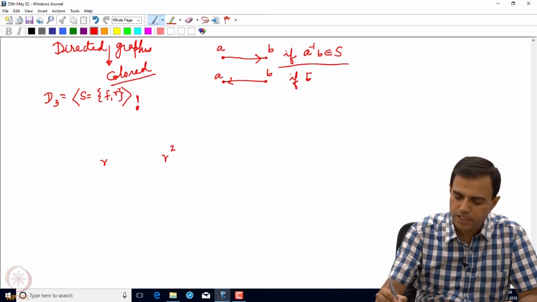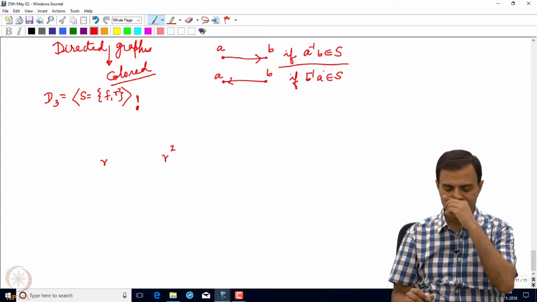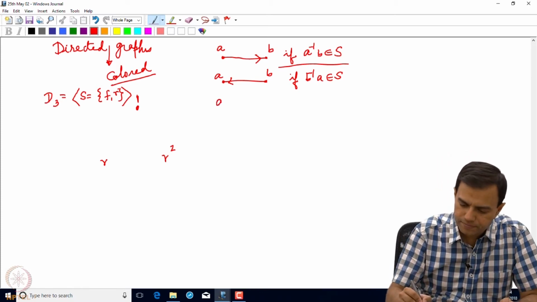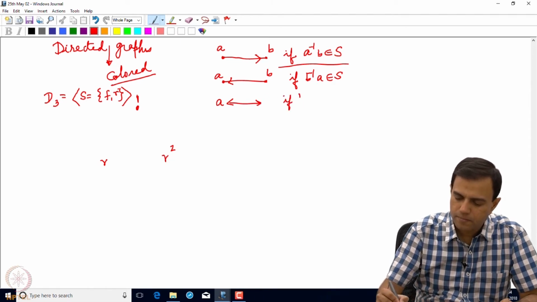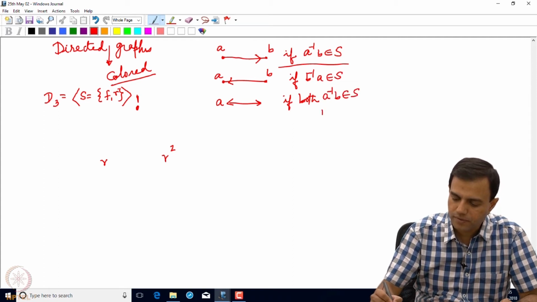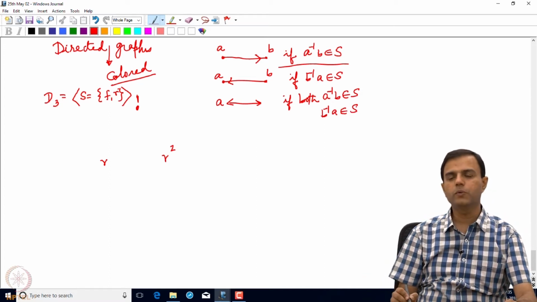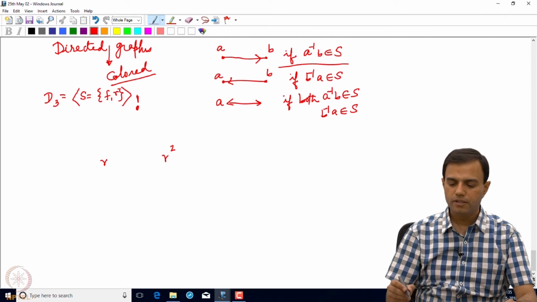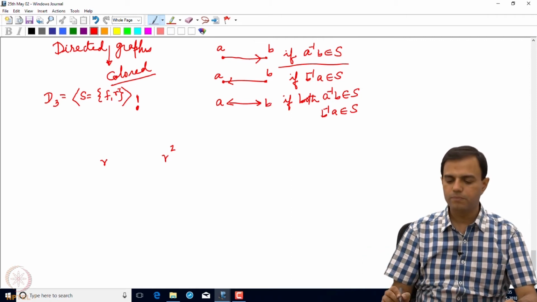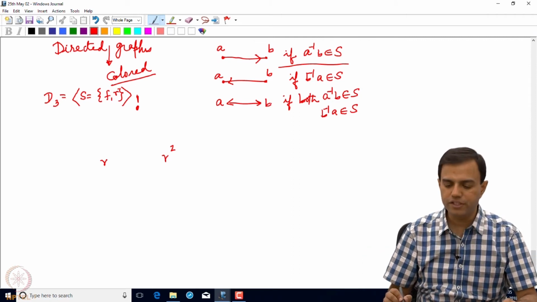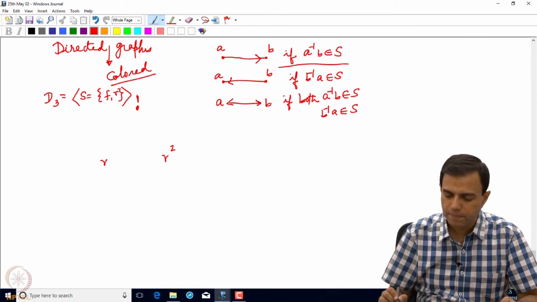So if B inverse A belongs to S, then I would put a picture like this, and if both A inverse B and B inverse A belong to S, then I would put a picture like this. Then I will give direction to this.